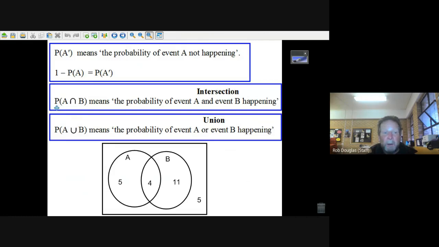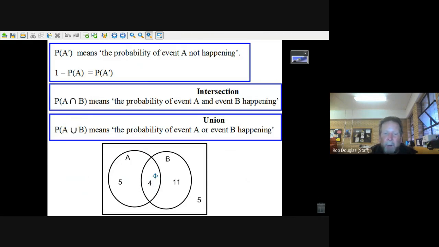Now these symbols here, the probability of A intersection B means the probability of 2 events happening together. But the probability of their union, that's this symbol here, means the probability of A or B. You can understand it a little bit better if I use this Venn diagram here.